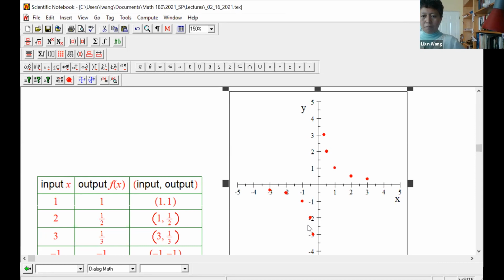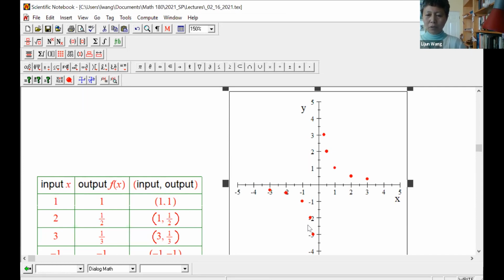I use input and output, because this semester I want to plant the concept of function in your head. Can you knock your head? Do you have the function planted in your head now? I want to plant the function in your head. Function is a rule, and the graph is what?